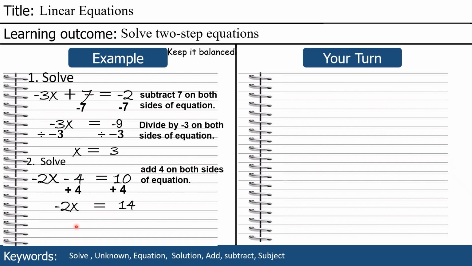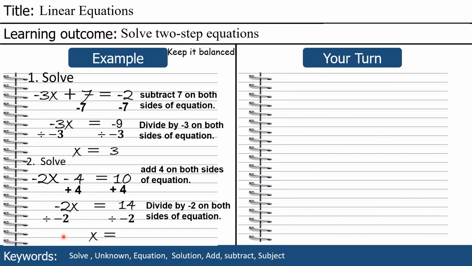And look at this carefully. x multiplied by negative 2, the last operation here is multiplying by negative 2, and the reverse of multiplying by negative 2 is dividing by negative 2. So we divide the left hand side of the equation by negative 2, and we divide the right hand side of the equation by negative 2.